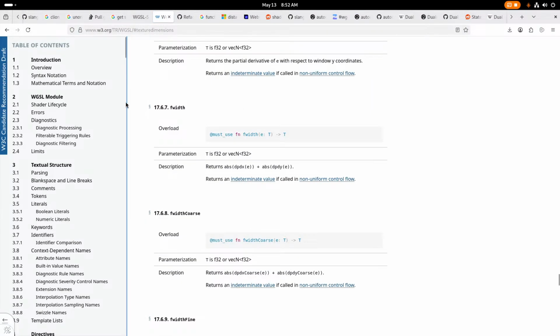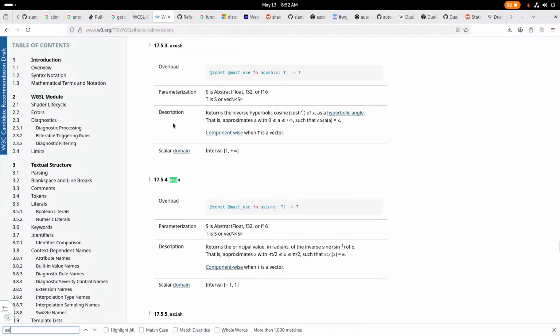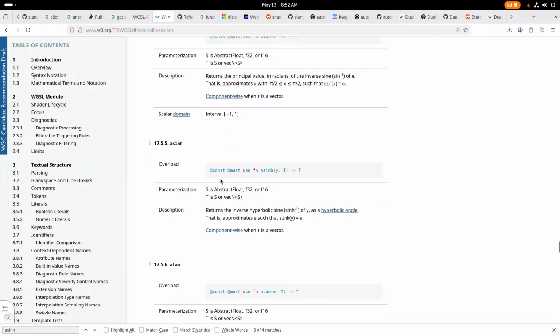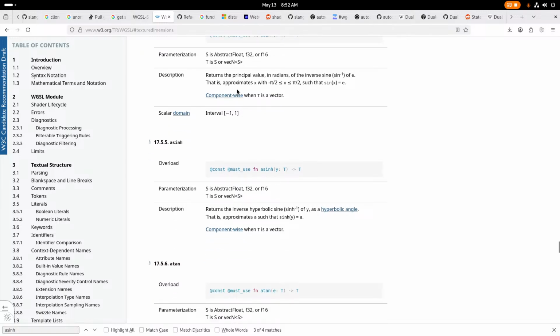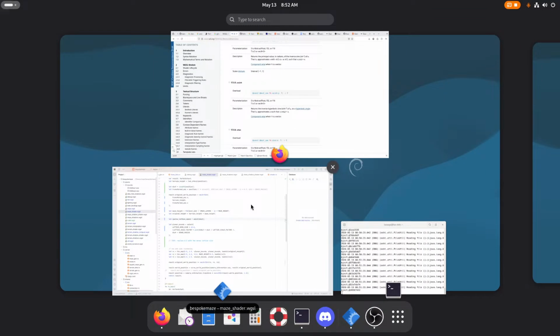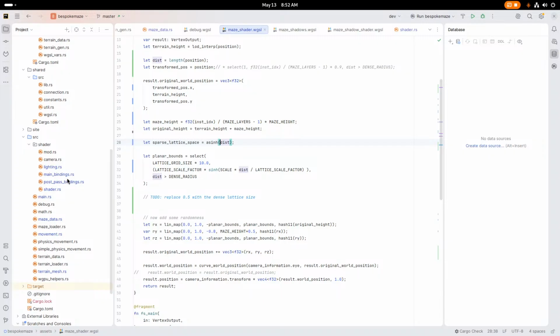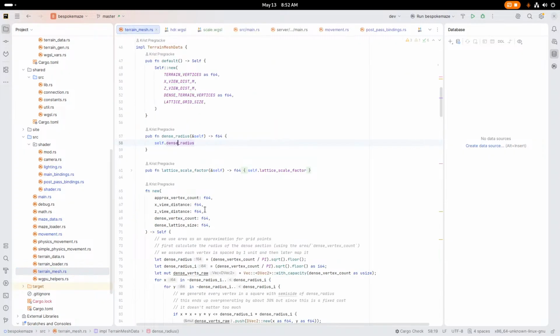Okay, that's close enough. Asinh. Yeah, okay, there is an asinh. Why was it not? I don't know. What do other people use asinh for? I feel like it's such an obscure function. Like, genuinely, I don't even know what people would use a hyperbolic sine for. I don't know, man.